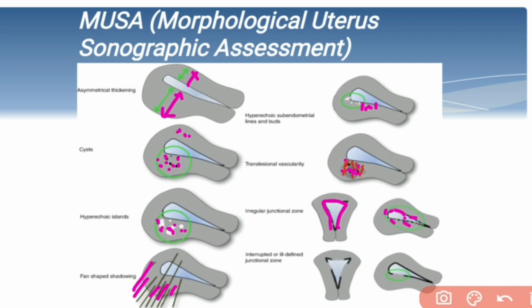Then we can find an interrupted or ill-defined junctional zone, where one side is complete and there may be a gap present in the junctional zone. This is the overall MUSA criteria for assessment of adenomyosis in sonography.